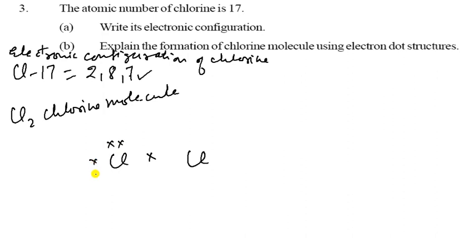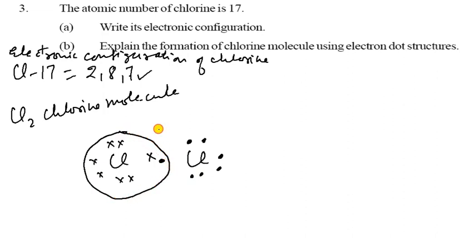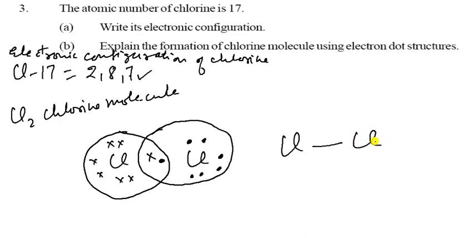Now the second part: explain the formation of the chlorine molecule using the dot structure. So let us see the chlorine molecule. It has 7 electrons in the outermost shell, so 1, 2, 3, 4, 5, 6 and 7.